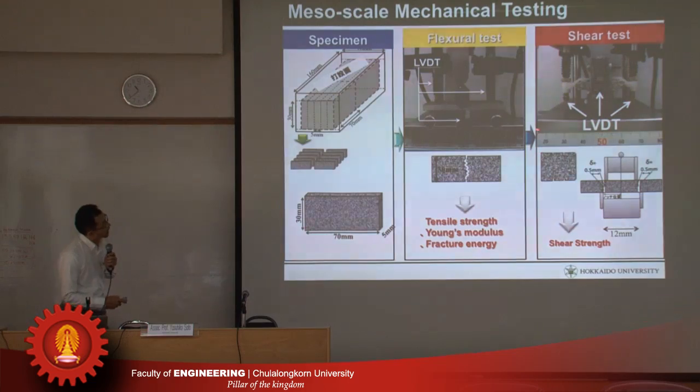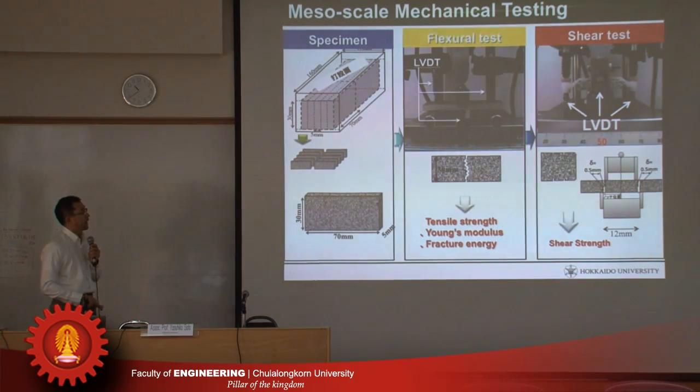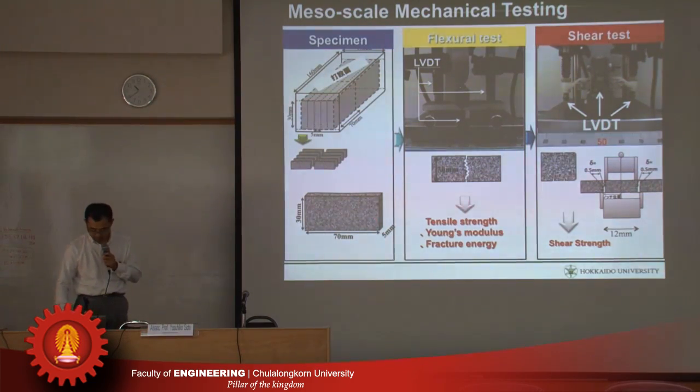Then, we will carry out the shear test to detect the shear strength using this kind of two-phase direct shear test. This is the mechanical test we have developed so far to detect the mechanical performance of mesoscale specimens.